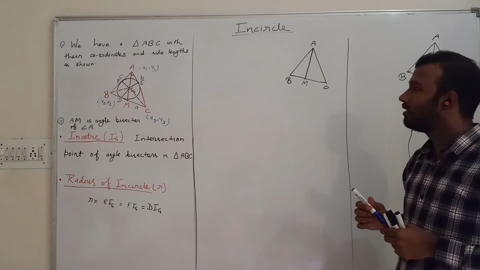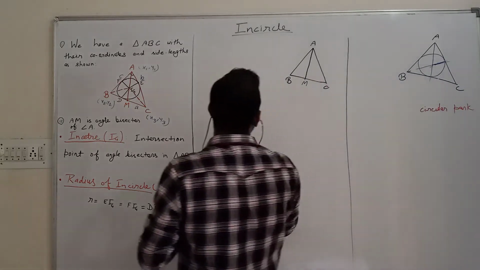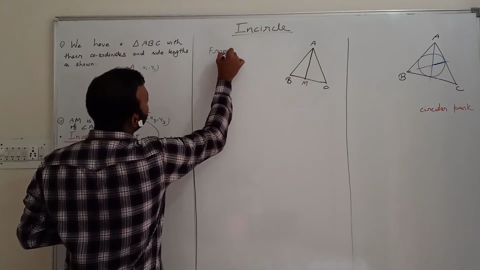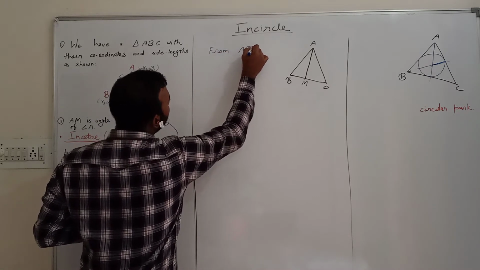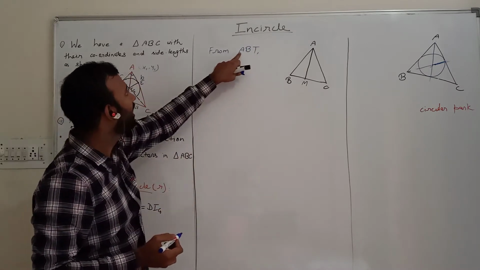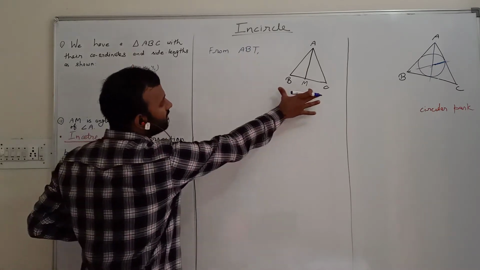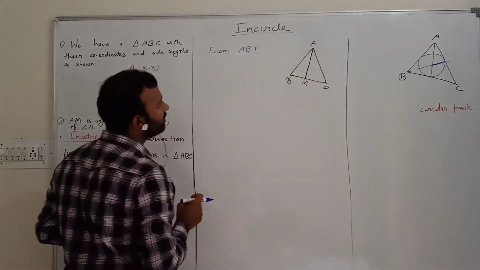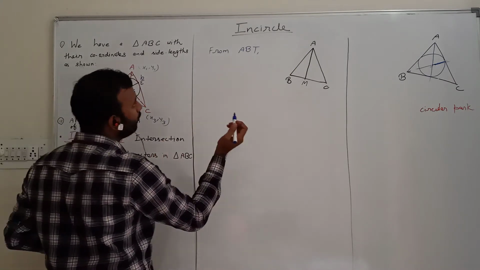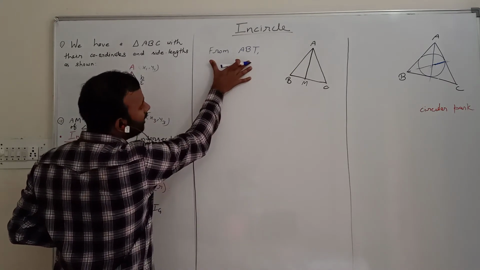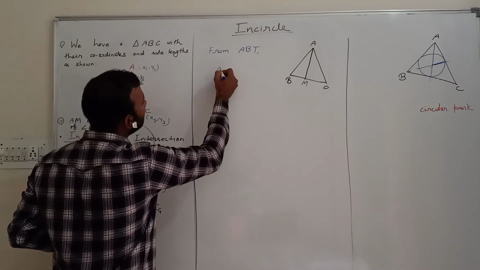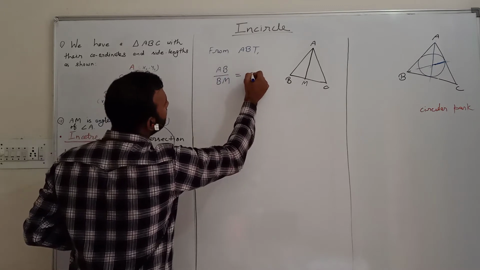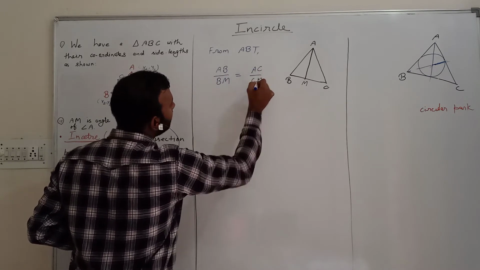Before going ahead, we will use the concept of the angle bisector theorem, ABT. Here, as I have shown, AM is the angle bisector and A, B, C are the vertices of triangle ABC. From the angle bisector theorem we know that AB upon BM equals AC upon CM.